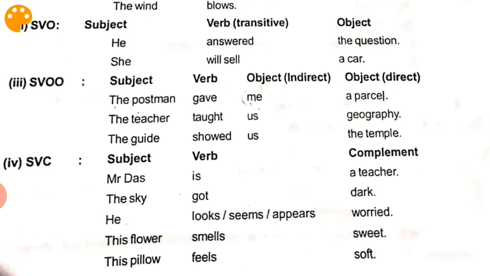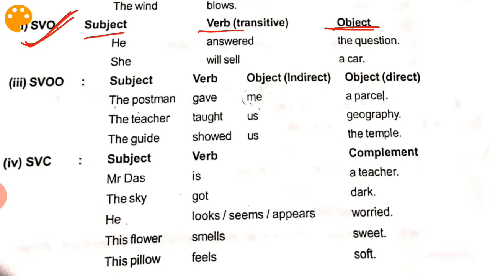Then the next pattern is SVO pattern, subject, verb and object. How can someone identify an object? By asking a question to the verb using what and whom.